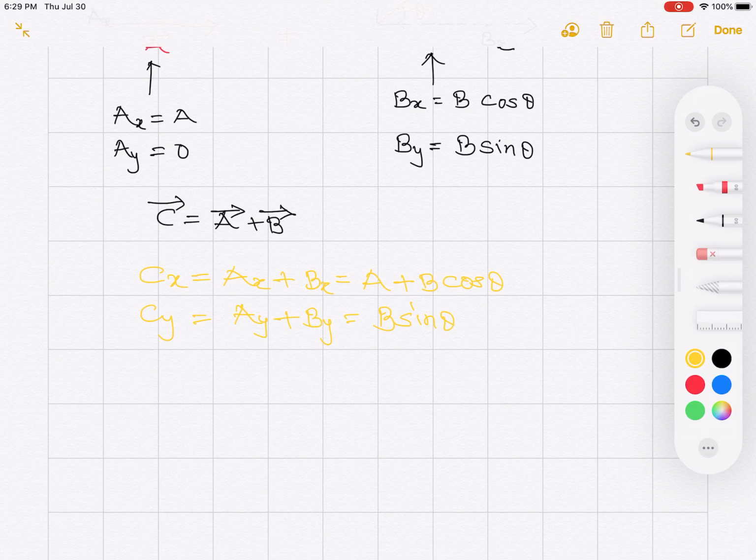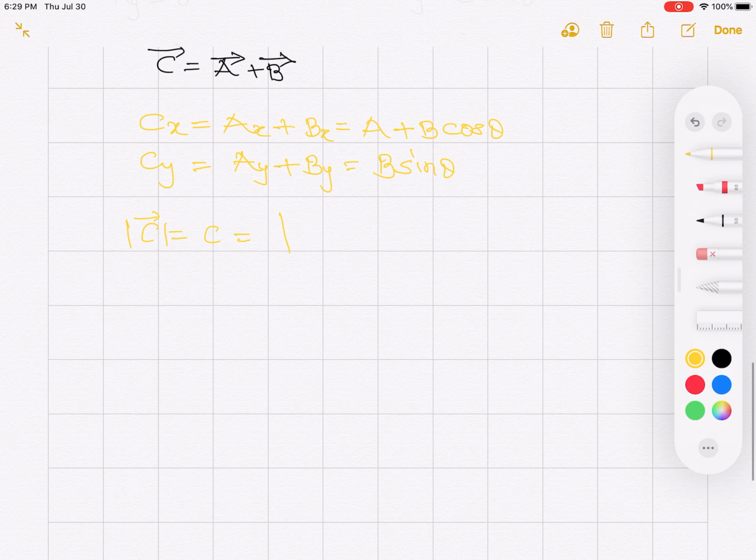Okay, so now what is the magnitude? I'm denoting the magnitude of c by just c. So this is given by the square root of the x component of c squared plus the y component of c squared.